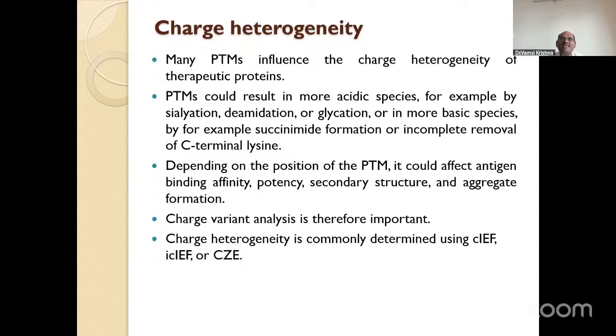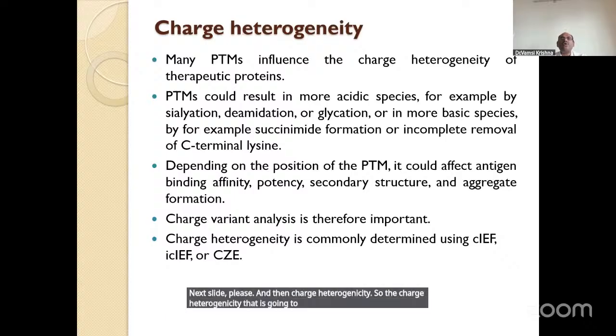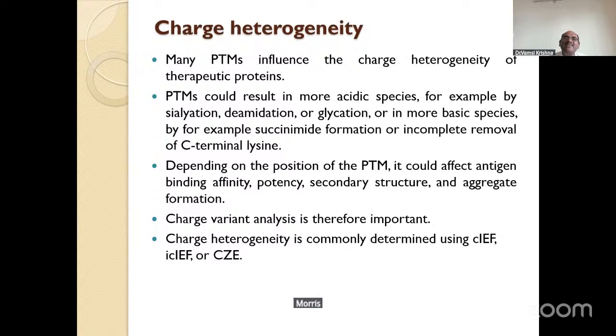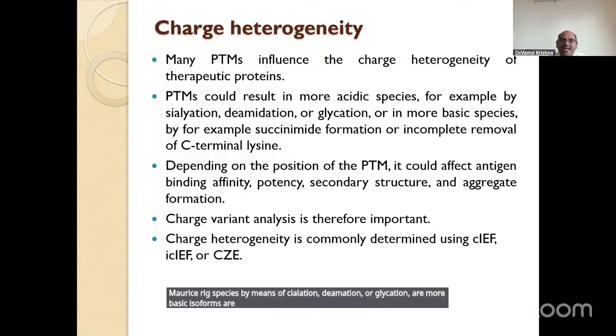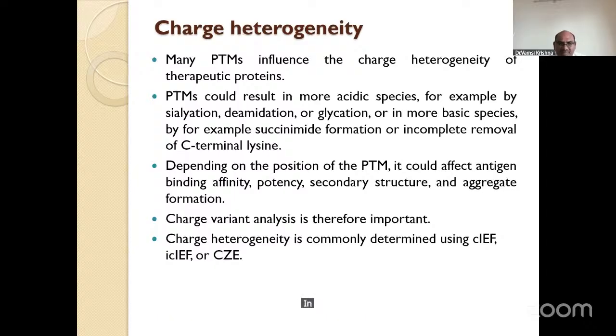And then charge heterogeneity. The charge heterogeneity is generated through post-translational modifications. Post-translational modifications could result in more acidic species by means of sialylation, deamidation, or glycation, or more basic isoforms by means of succinimide formation or incomplete removal of C-terminal lysine in our monoclonal antibodies or peptides.